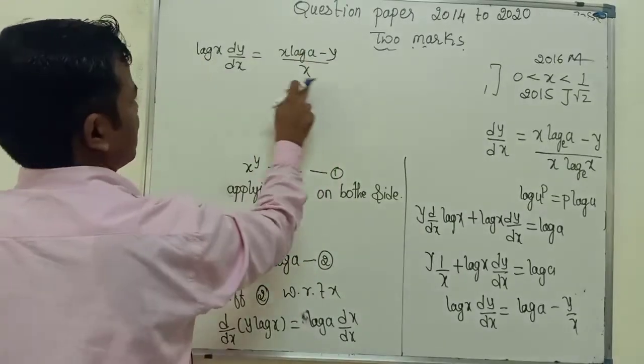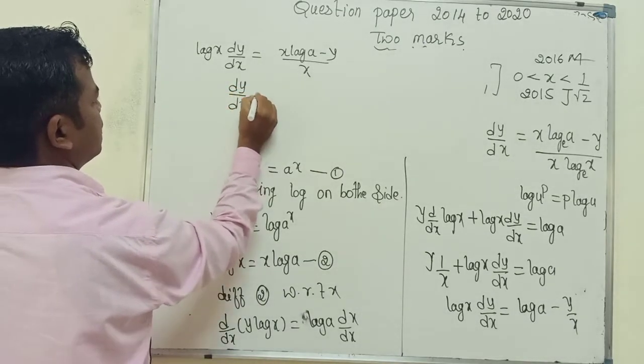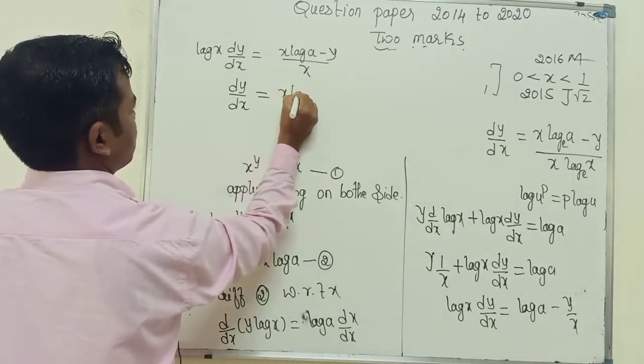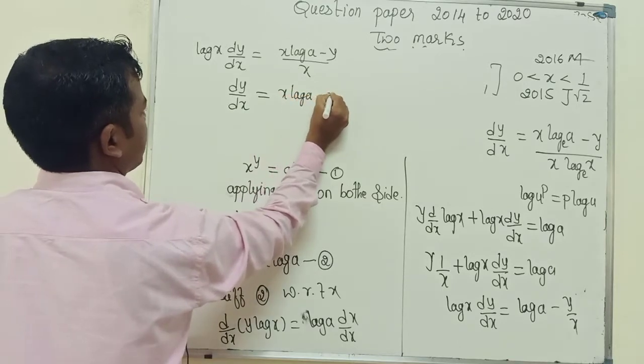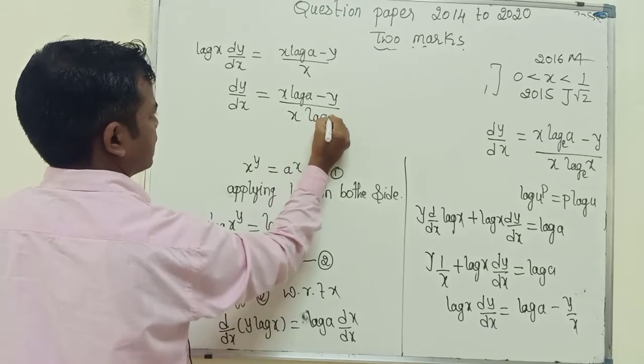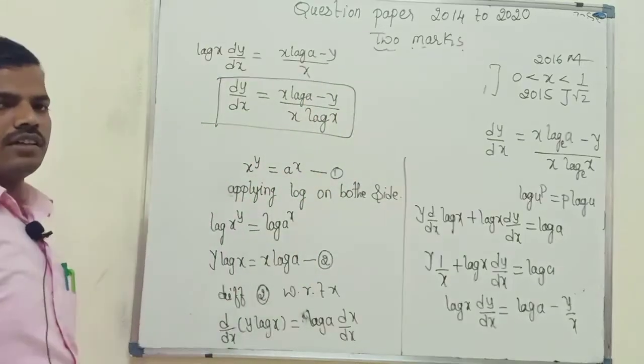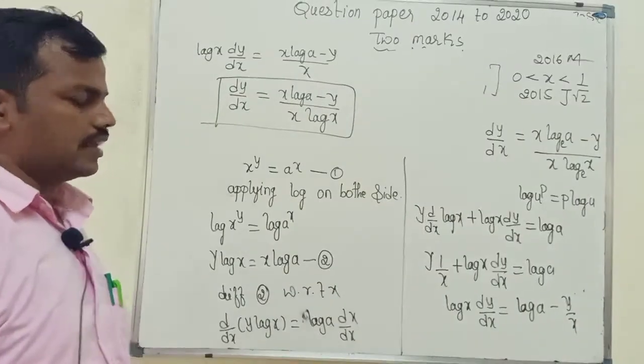So now log x, we take it to the other side, dy by dx is equal to x log a minus y divided by x log x. So this completes the problem.